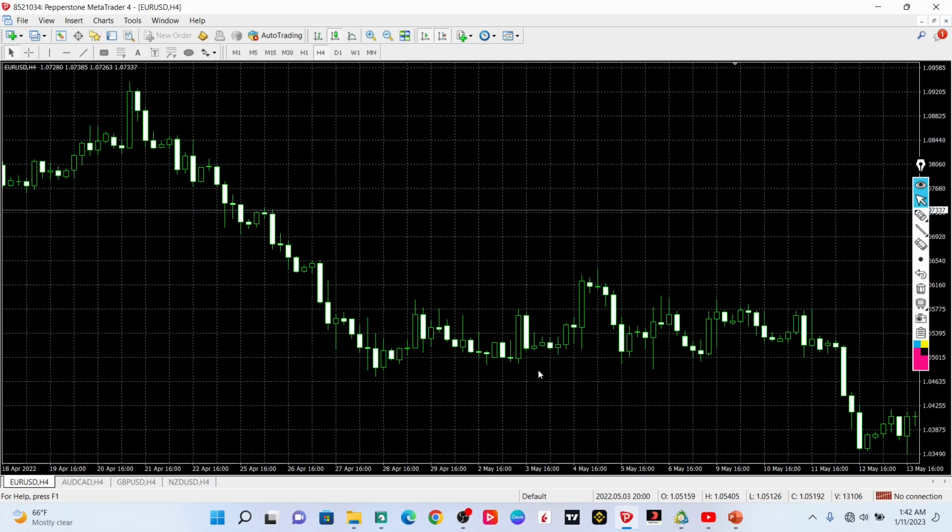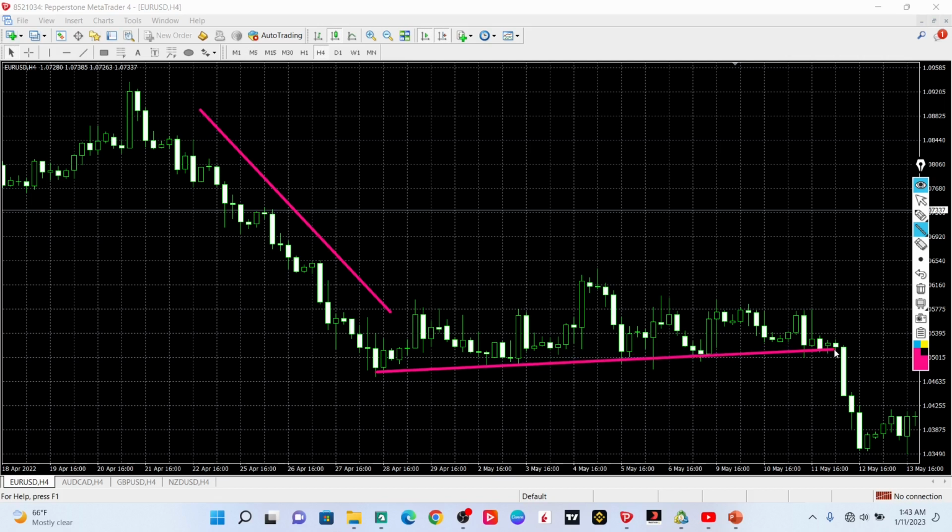So now, for example, when you look here, this one would have looked like some sort of a triangle or some sort of peanut. You have a clear downtrend, and you can connect these lines to form a lower trend line, and then when you join these upper ones, you form some sort of this.